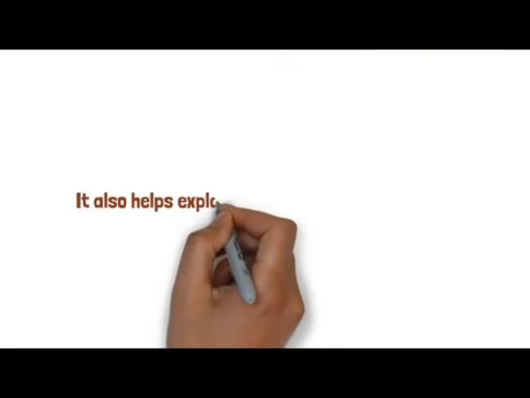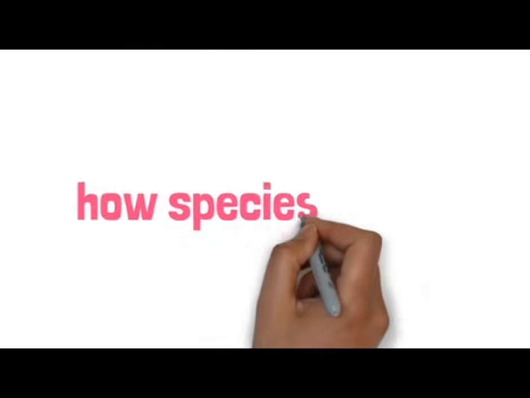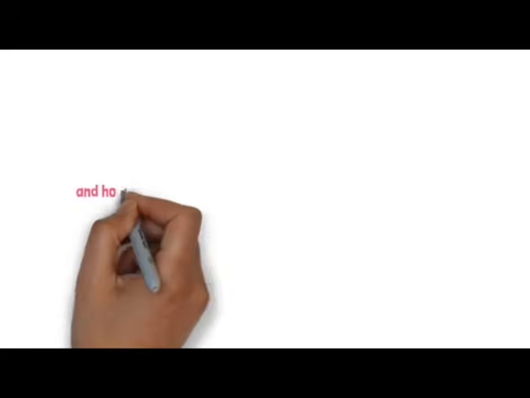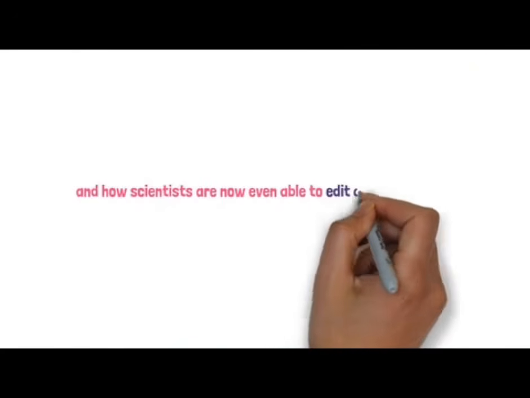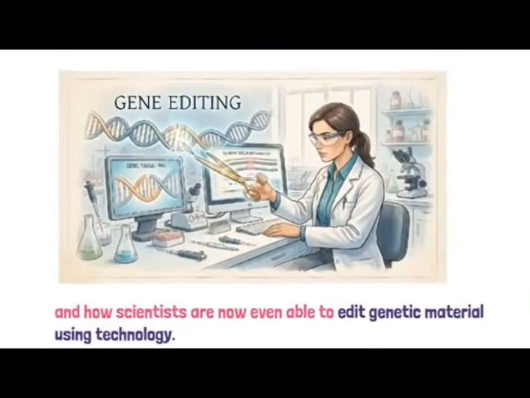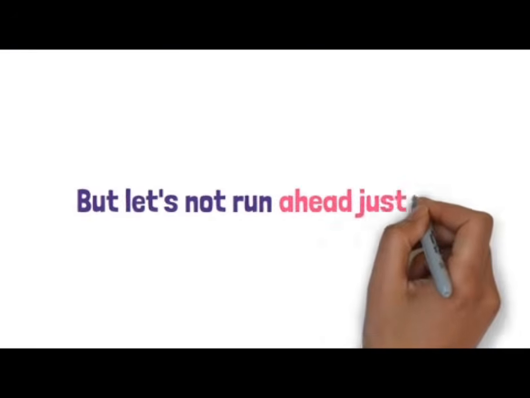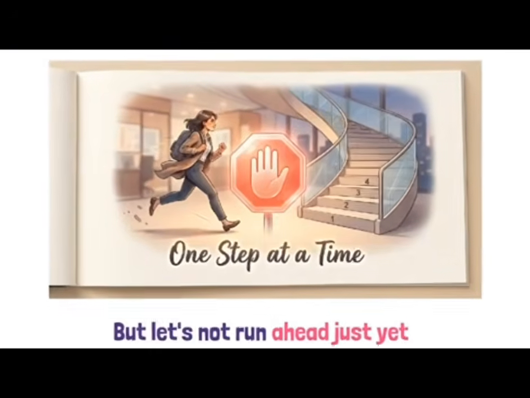It also helps explain how genetic diseases arise, how species evolve, and how scientists are now even able to edit genetic material using technology. But let's not run ahead just yet.